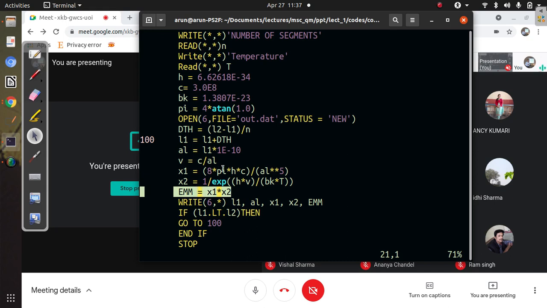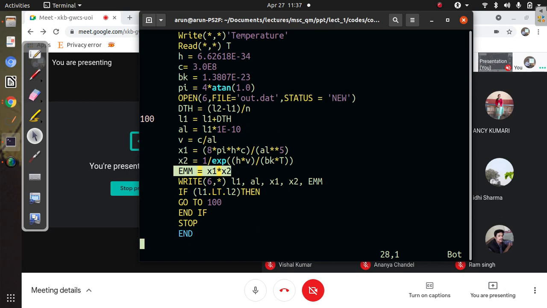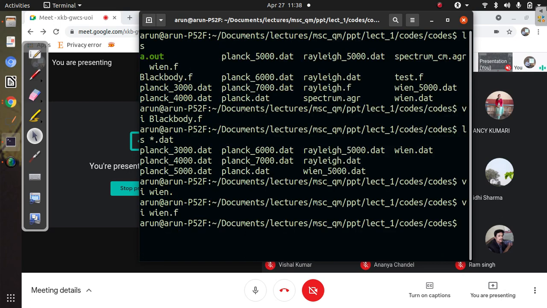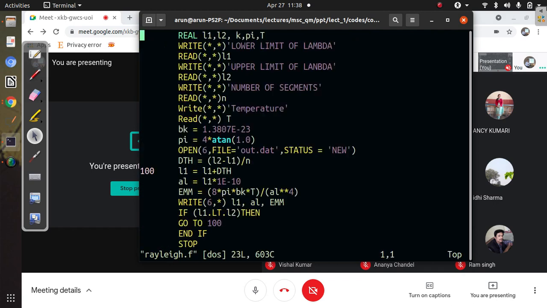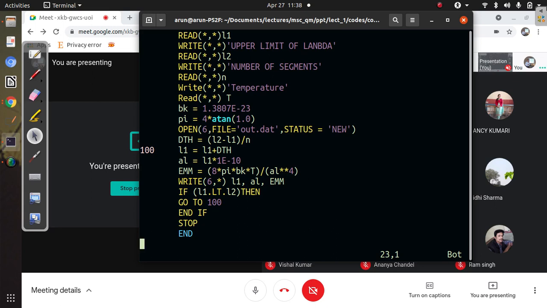So this is the way the code can be written, and I ran this and compiled it. And similarly, I have written a program for Rayleigh-Jeans law, 8 pi kT upon lambda raised to power 4.